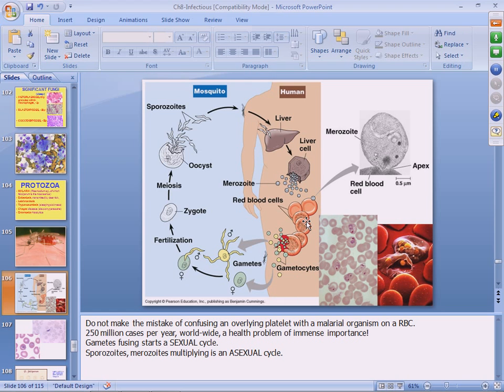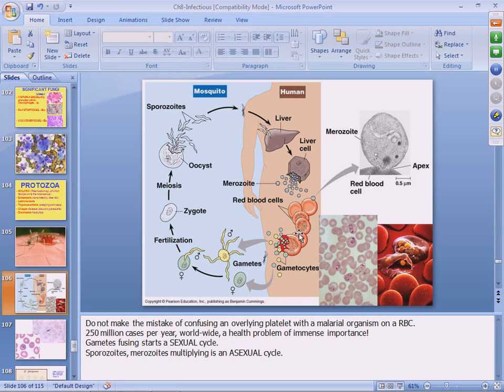So, is there any way we could make sense out of this? Well, we could say that the sexual cycle is largely in the mosquito, the asexual largely in the human. And I think you should remember the very first organ is the liver, before you get into the red cells.